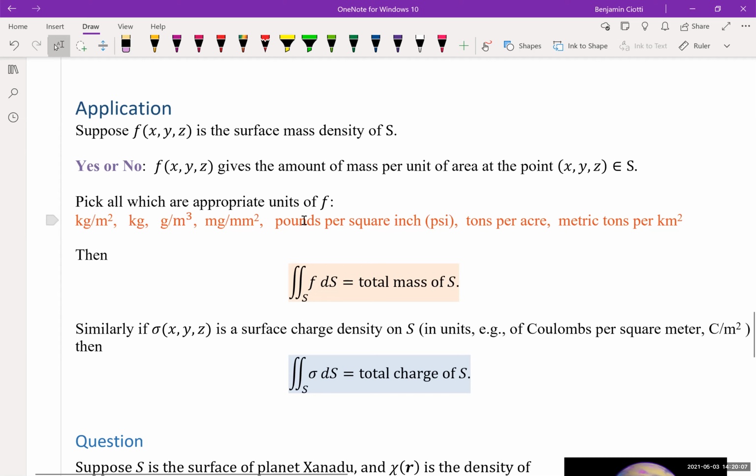I guess if pounds is not, then neither should tons be. Fair enough. Yeah, erase both of those. The thing is, people will treat pounds like mass as well, so you could be forgiven for treating it as a mass density. Strictly, it's a force. But yeah, good point. Thank you.